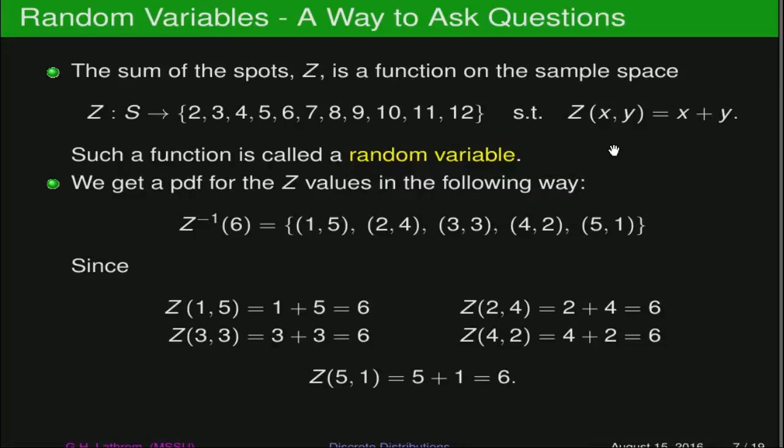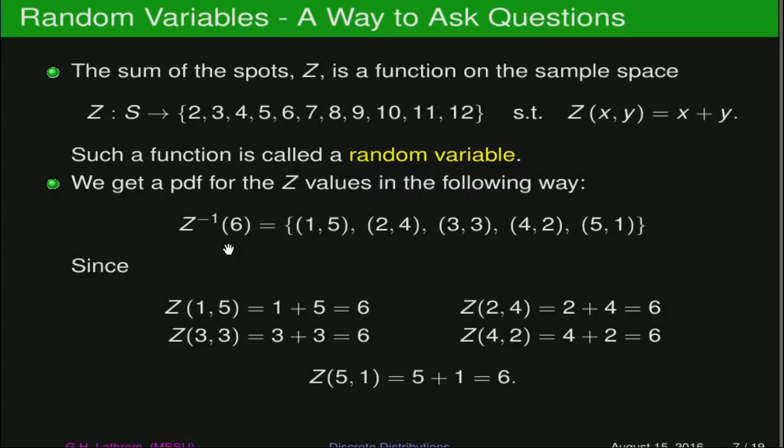Now how do we actually get a PDF for this function Z? So how do we get a probability density function for the function Z? Well, we'll do that in the following way. Somehow we want to tie this back to a subset of our sample space. And so we'll say, what's going to be the probability of getting a 6?